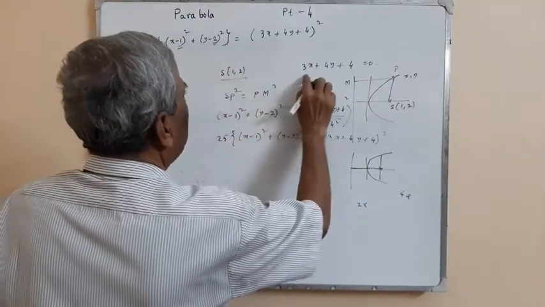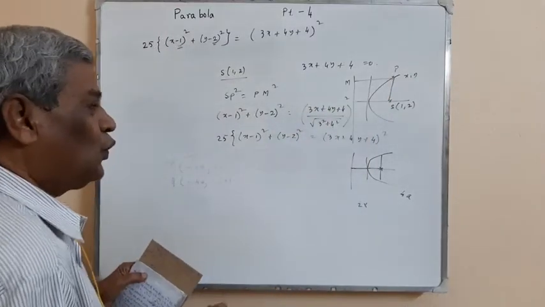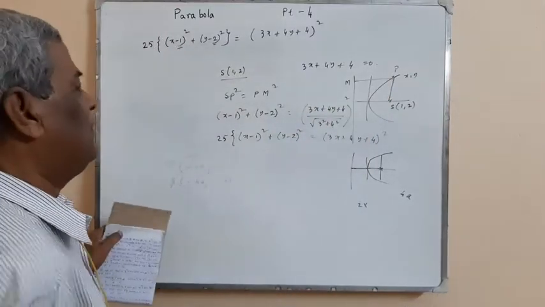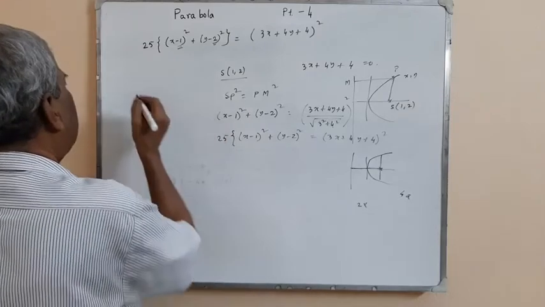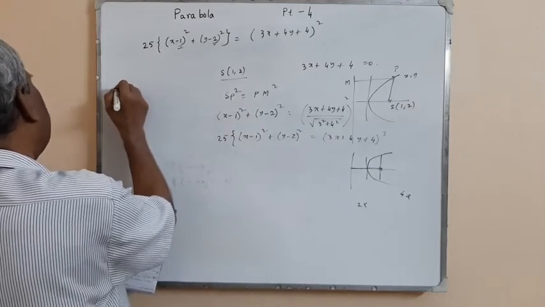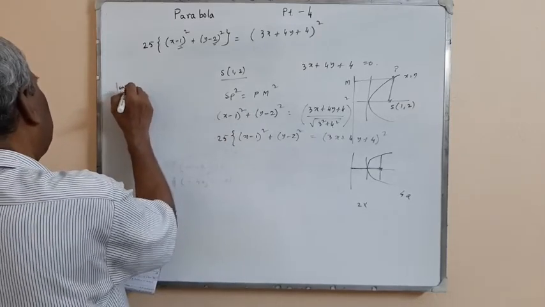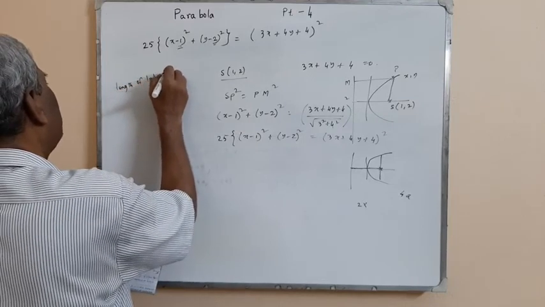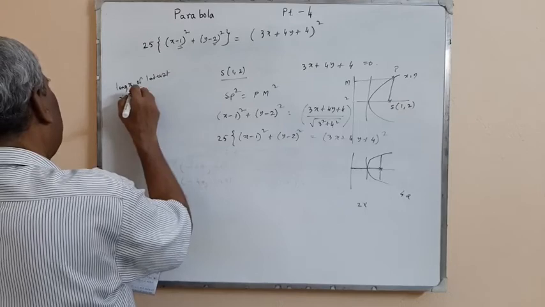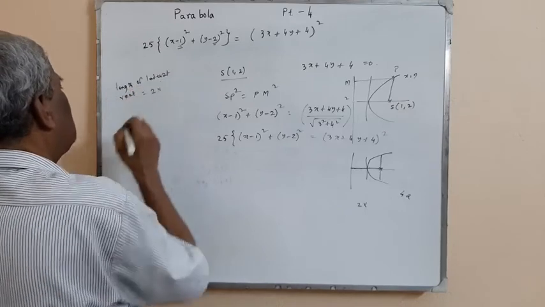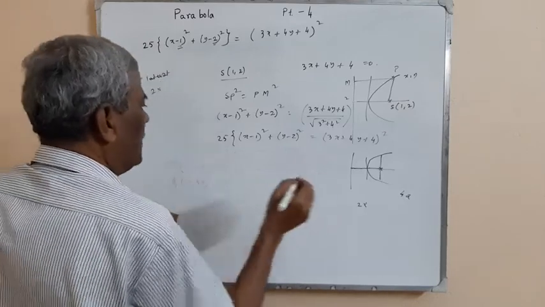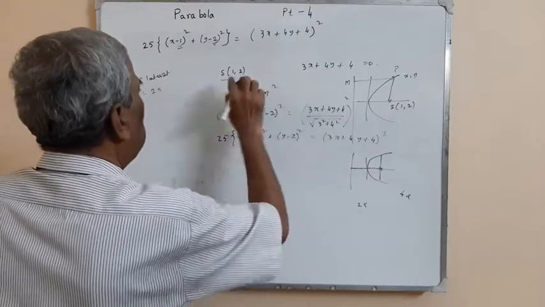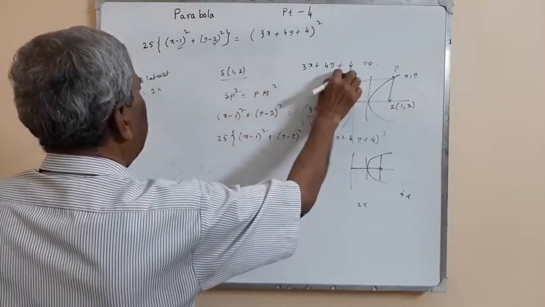So without a lot of calculation, we can say that the length of latus rectum is equal to 2 times the distance from focus to equation of directrix.